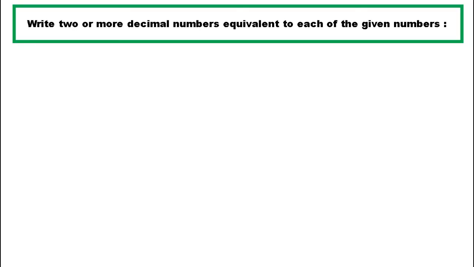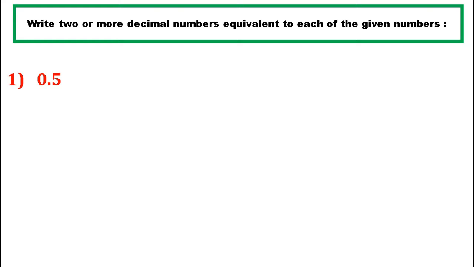Let us now use this concept to solve few sums. Let us read the question present on the screen. It says, write 2 or more decimal numbers equivalent to each of the given numbers. Here the first number given is 0.5.